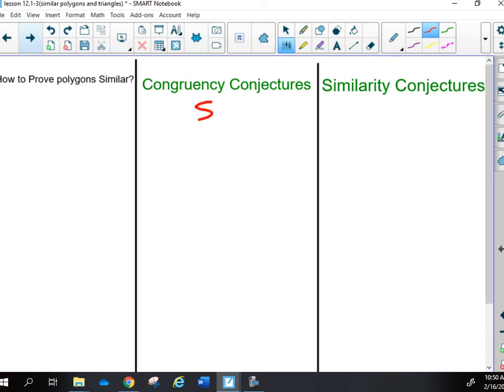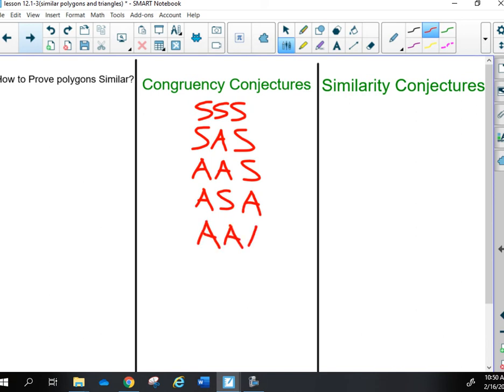Remember we had the SSS conjecture, we had the SAS conjecture, we had the angle-side conjecture, we had the angle-side-angle conjecture, angle, no, that one didn't work. And I am missing one right up here that I should have. Oh yeah, that one didn't work either. Bad word. Those didn't work in congruency.